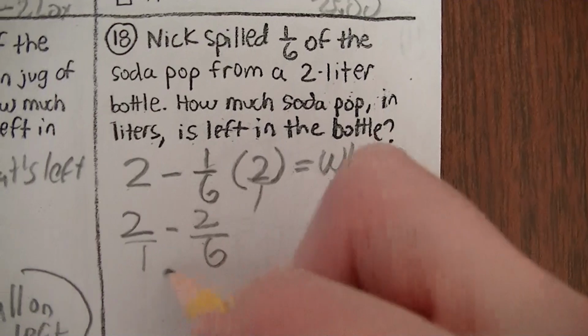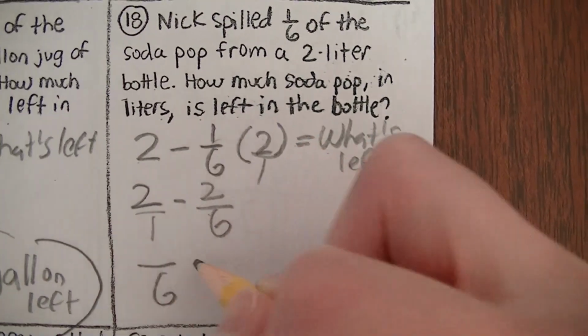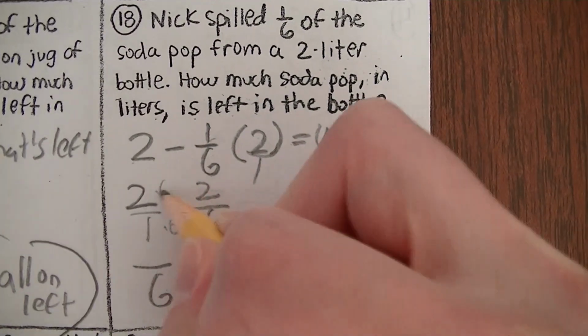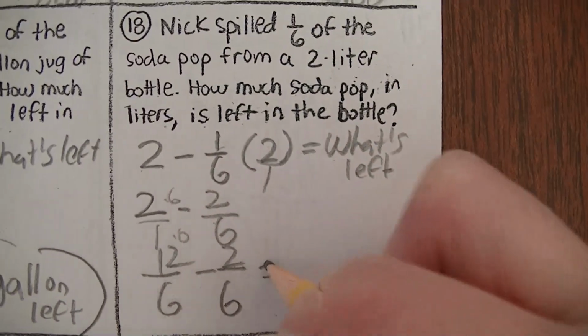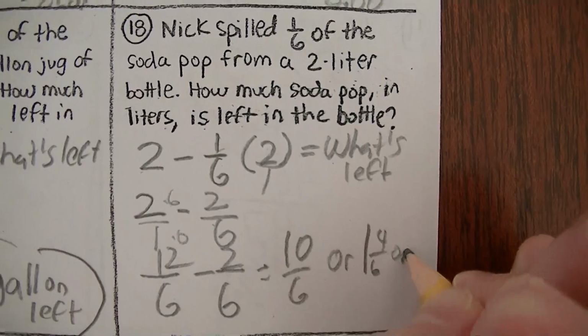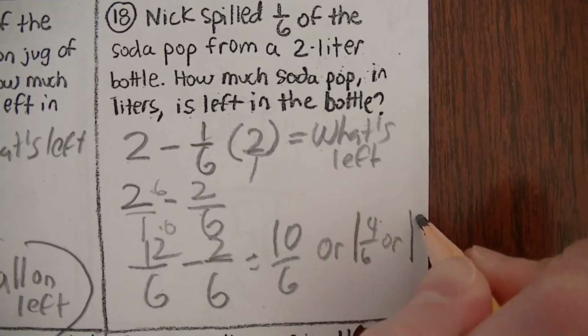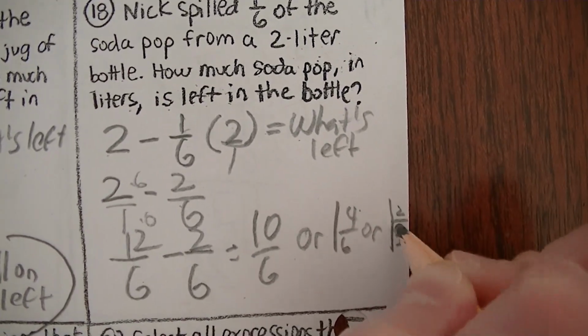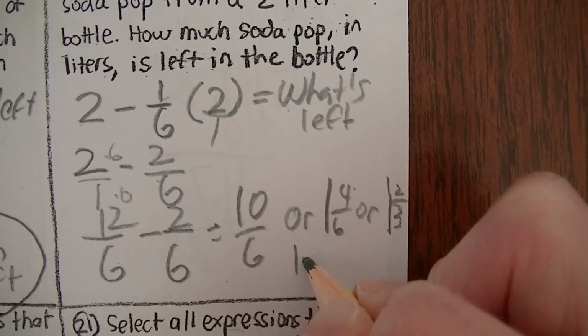Get a common denominator of 6. 10/6 liters left, or you could say 1 and 4/6, or you could say 1 and 2/3 liters left.